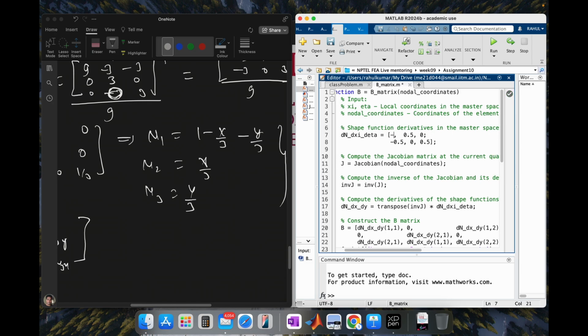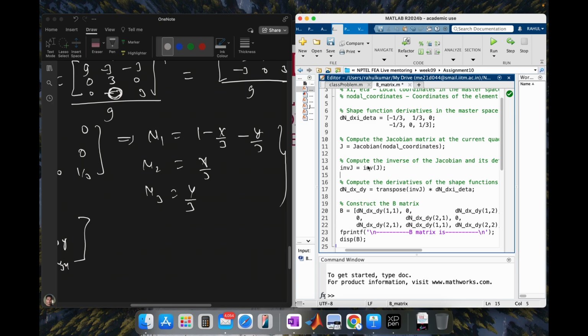So here it will be 1 by 3, and minus 1 by 3, and here minus 1 by 3, 0, and 1 by 3. Here it should be plus 1 by 3.